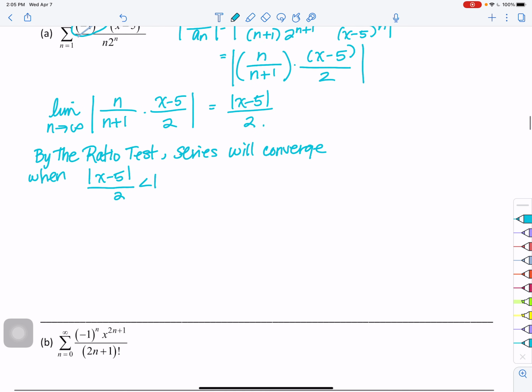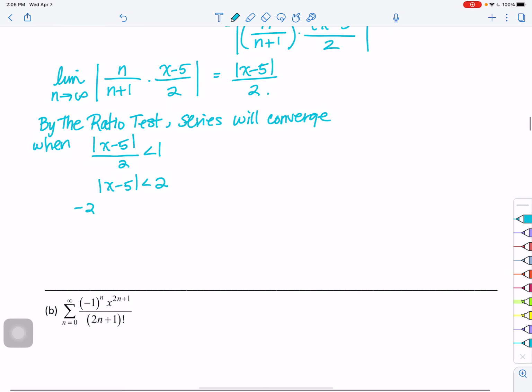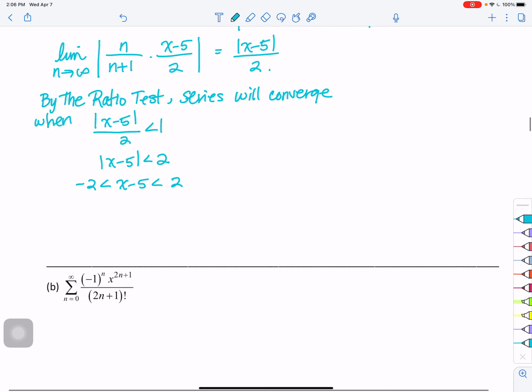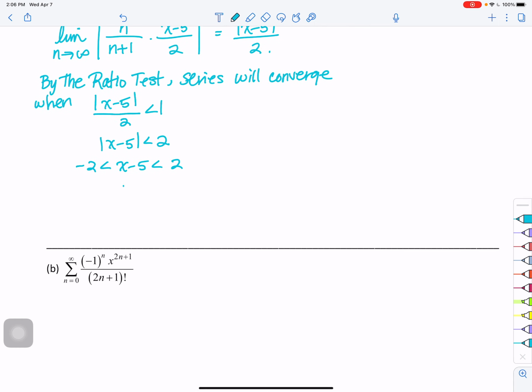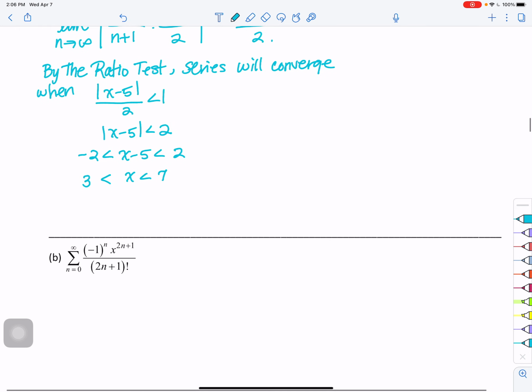Let's go ahead and work that out. The absolute value of x minus 5 is less than 2. Let's drop those absolute values. X minus 5 is between negative 2 and 2, and we have x is between 3 and 7, okay?